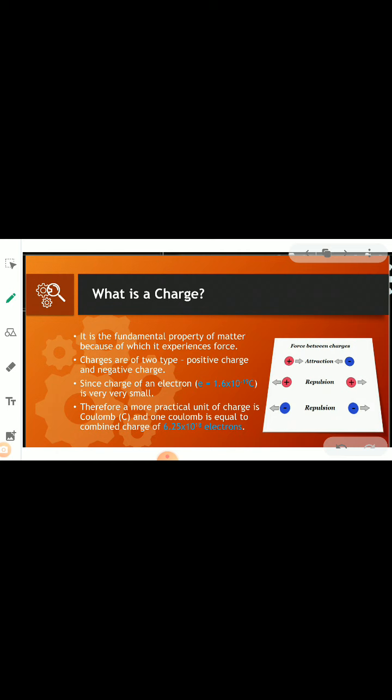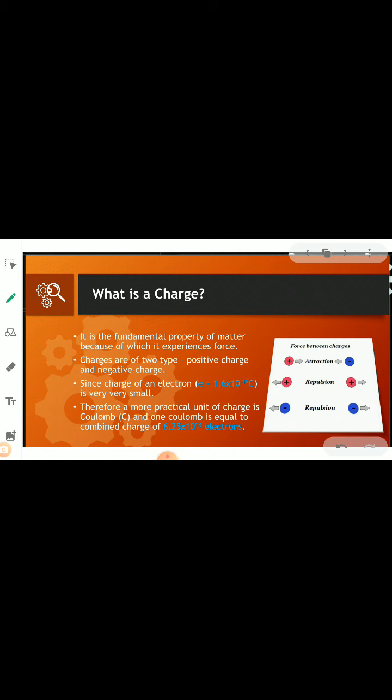And if you consider the electrons present in the atom, which are revolving around the nucleus of an atom, electrons are having negative charge. Since the charge of an electron is very small, what is it? The charge is minus 1.6 into 10 raised to minus 19 coulomb.